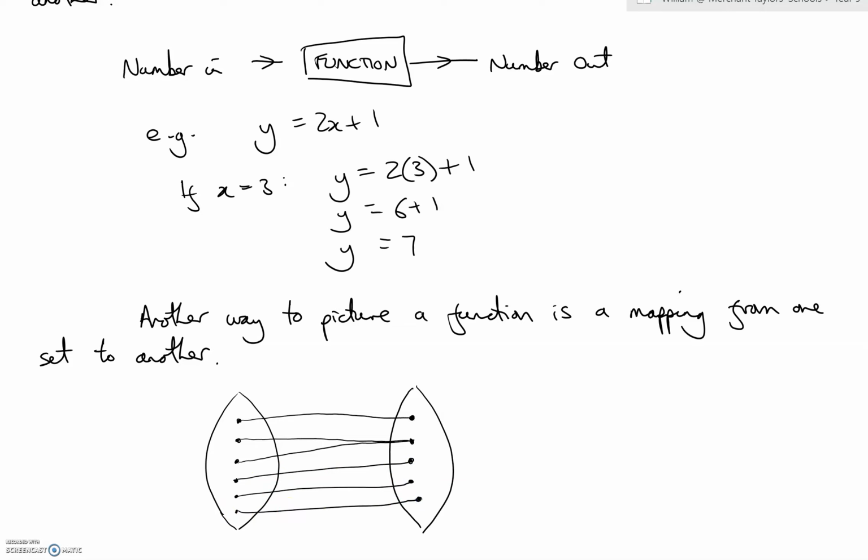So you put one value in, like in this case I put x equals 3 in. So this is like saying one of these values is 3, and one of the values I get out is 7. So say I put 3 in here, it gives me 7 out. Okay, so 3 is what I put into the function, 7 is what I get out of the function. So we call it a mapping from one set to another set.